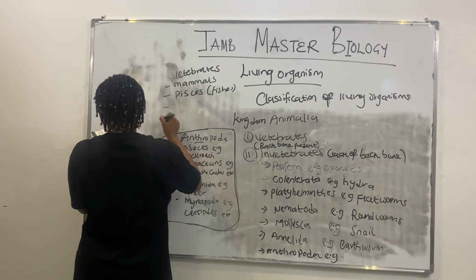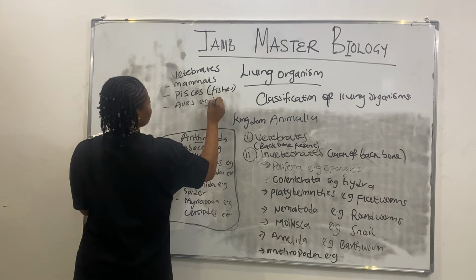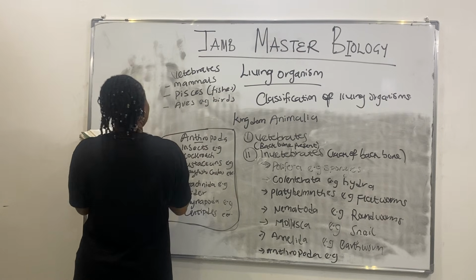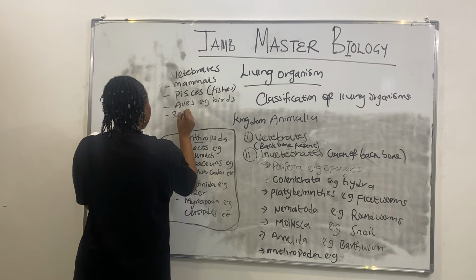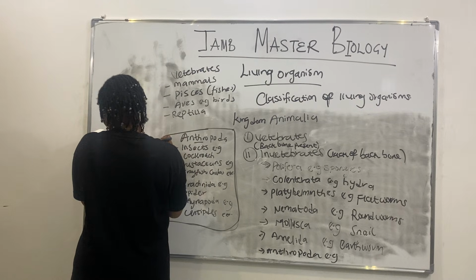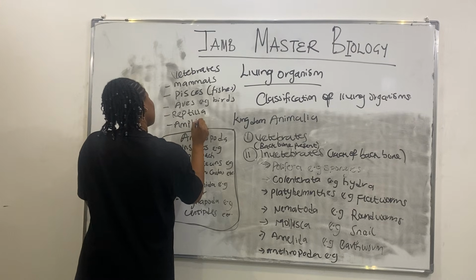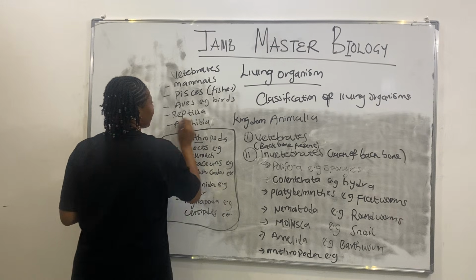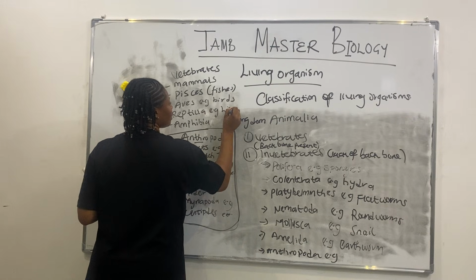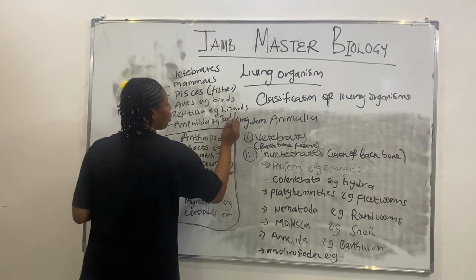We have the aves, which are the birds. We have the reptile, Reptilia. Then we have the amphibians, Amphibia. Reptile, example, we have lizard. Amphibians, toad, frog.